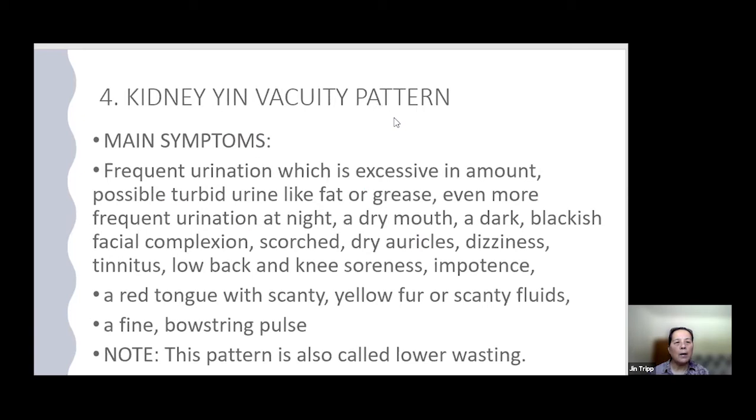When we're talking about the pattern mainly of the kidney, these patterns generally belong to lower xiao. This is xiao ke. We have upper xiao mostly drinking, middle xiao mostly eating, and lower xiao mostly urination.